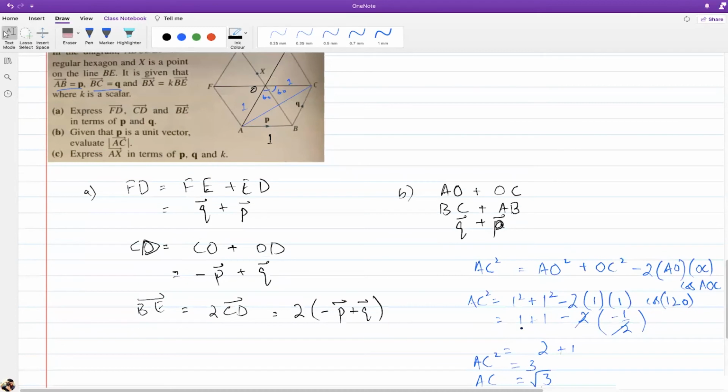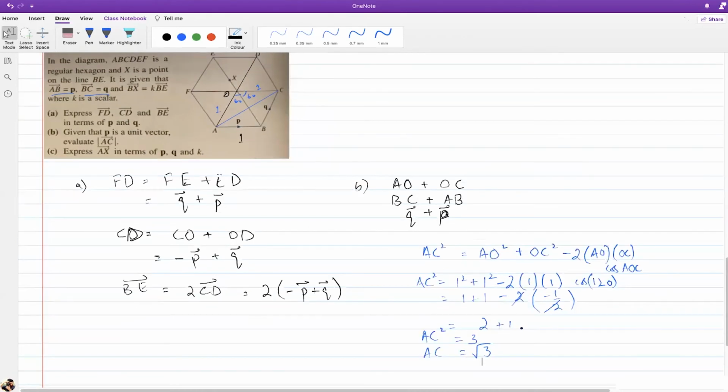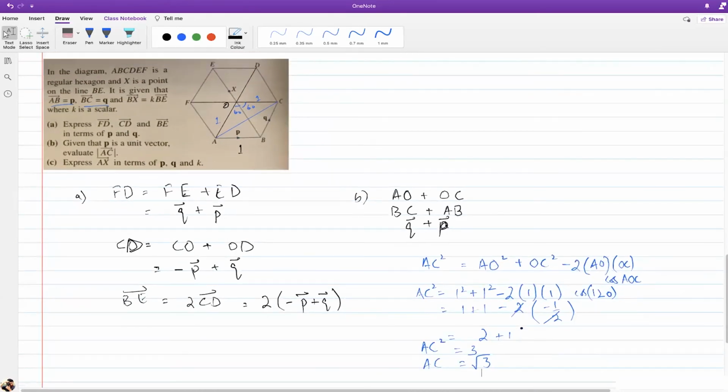Do we get it? Sir, I'm still confused. In what part? B part. In the B part, what I did is that I made a triangle. Now I know that these are all equilateral triangles. So using that, I have found the angle between A, O, and C. And that is 60 plus 60, 120. And using that, I basically have a triangle in which I know one side is 1.